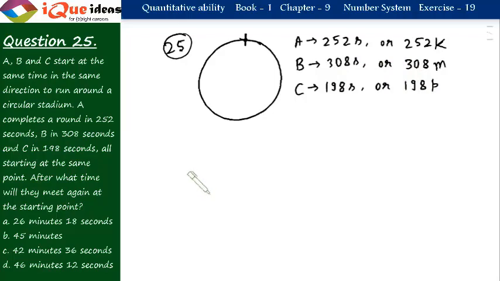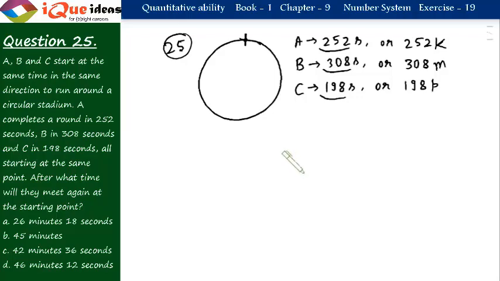That means when all three are at the starting point together again, it has to be a multiple of the time taken by A, that is 252, by B, that is 308, and by C, that is 198. So we are looking at the common multiple of 252, 308, and 198.